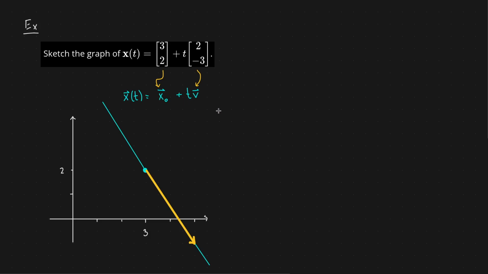And I want you to be convinced of this, so let's plug in a couple points just to get a feel for what's going on here. Let's plug in -1/2 into t. So if we do the vector arithmetic, plugging -1/2 into t, you know what, I'll just do it all at once. 3 plus -1/2 times 2, that's 3 plus -1.